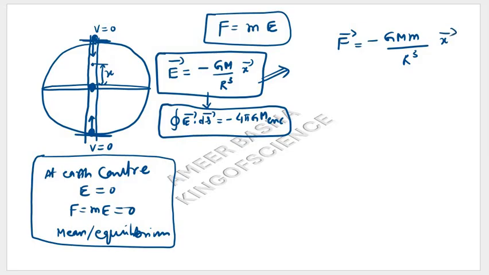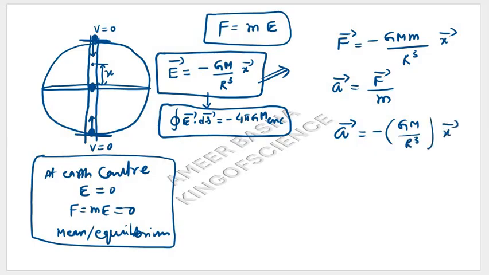Once I know this, I can calculate the acceleration. Acceleration is simply force per unit mass. So the acceleration comes out to be minus G constant, M constant, R cube is also constant, into x. So it is very clear that acceleration is equal to minus omega square into x.